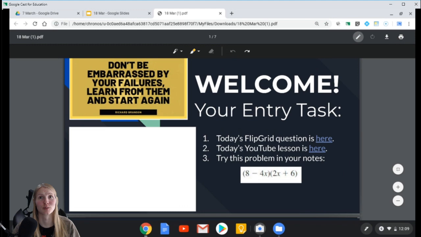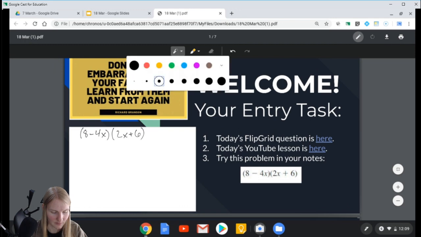I know that I'm supposed to multiply because the parentheses tells me that I'm going to be multiplying these two things. So anytime I see 8 minus 4x times 2x plus 6, let's make that a little bit bigger.